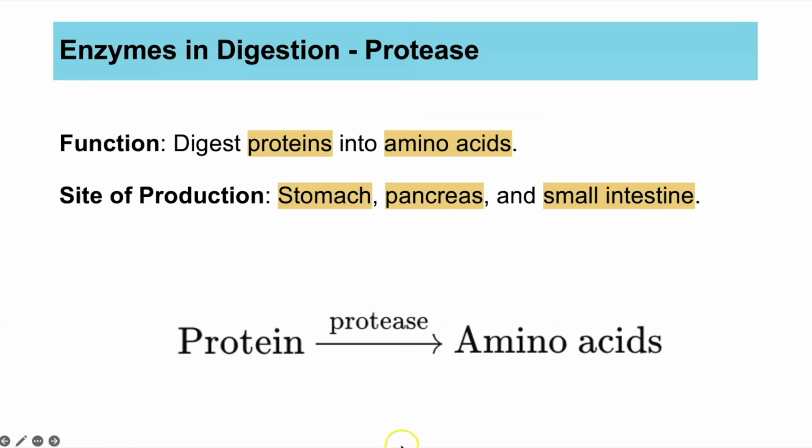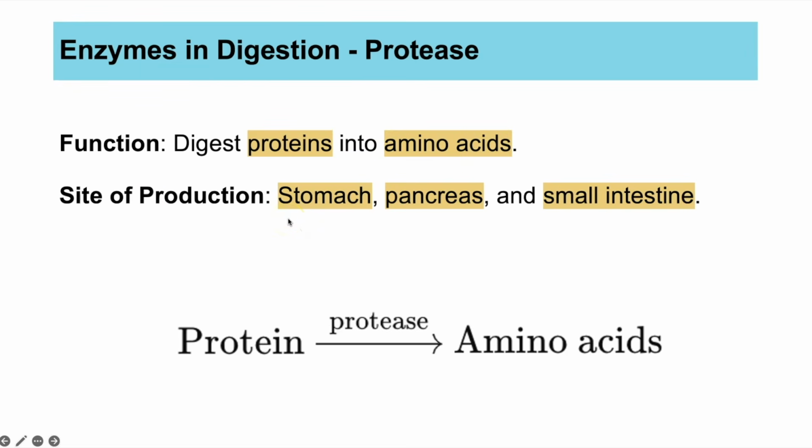The second digestive enzyme is protease, again ending in ASE, so we know it's an enzyme, and it digests proteins. So the name of that enzyme is implying what they are digesting. Proteins are polymers, and they are digested into the smaller monomers that make them up, which are amino acids.